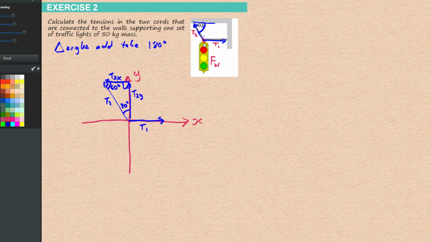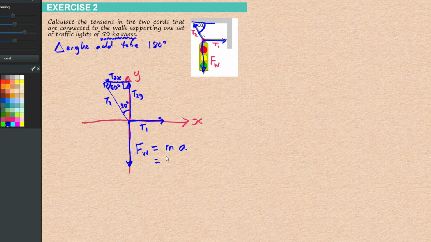The last thing to draw on here is the amount of force pulling it downwards. That's the weight force, but I've been given a mass. So I can draw that in, and this is the force due to the weight. And from the previous question we did, F is equal to ma, mass times an acceleration.